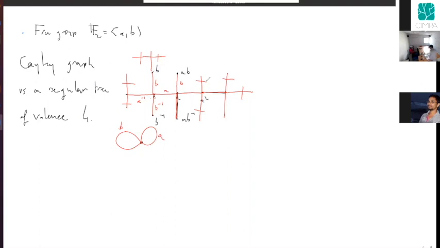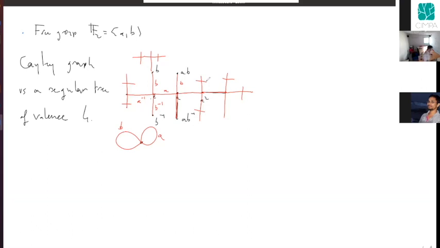For this, I want to go to a different level and speak about geometric actions. And I would like to prove for you the fundamental lemma of geometric group theory.